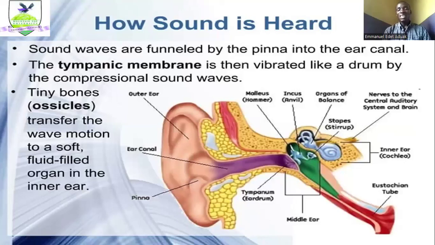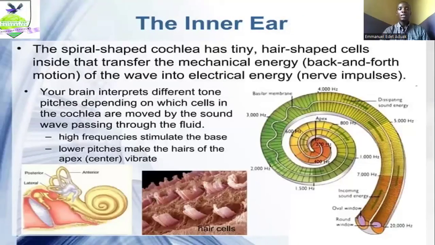Tiny bones transfer the wave motion to a soft fluid-filled organ in the inner ear. Now, in the inner ear, the spiral-shaped cochlea has tiny hair-shaped cells inside that transfer the mechanical energy of the wave into electrical energy.